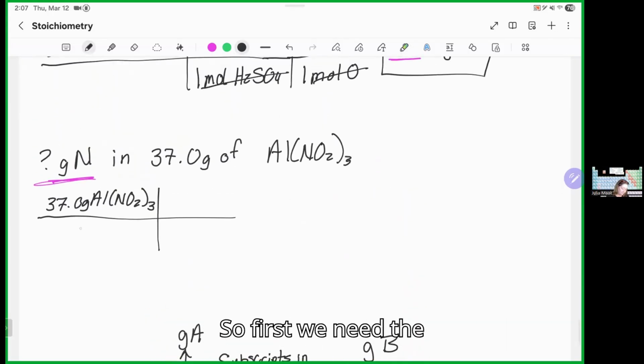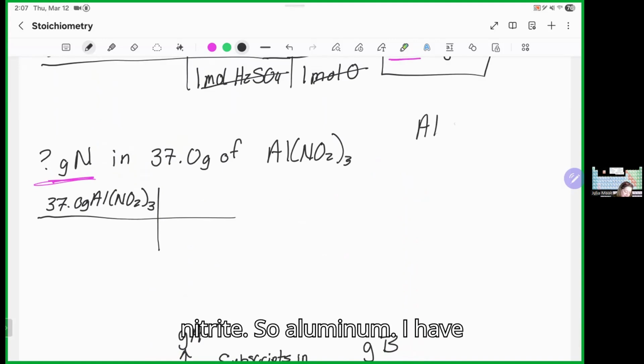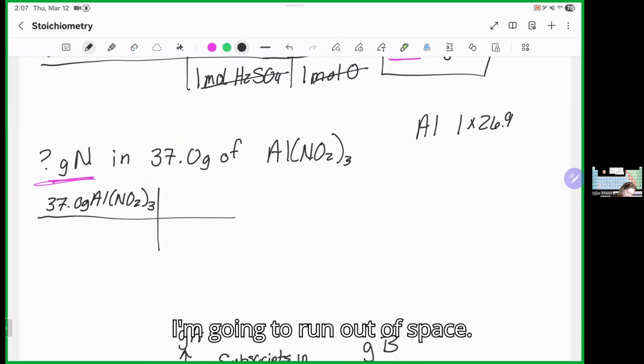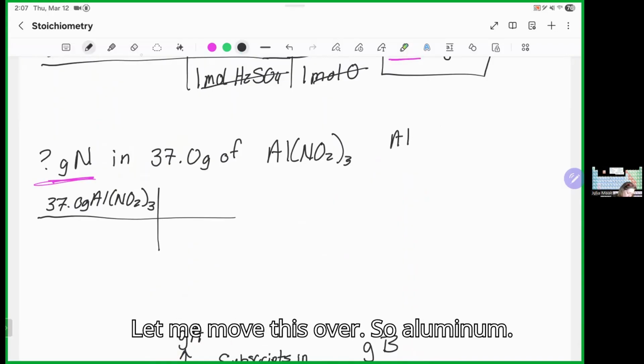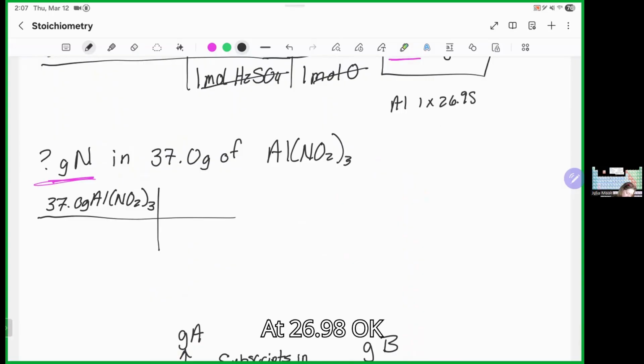Okay. So first, we need the molar mass of aluminum nitrate. So aluminum, I have 1 aluminum at 26.98. Okay, and so nitrogens, I have 3 nitrogens at 14.01.